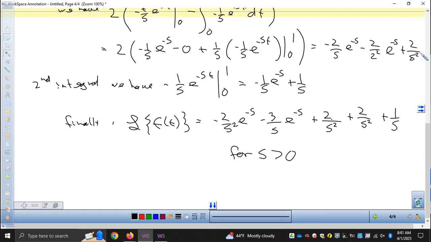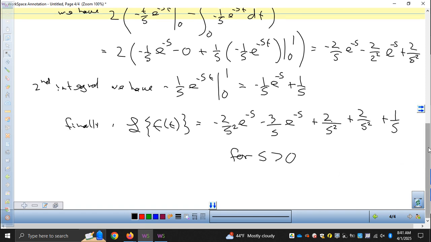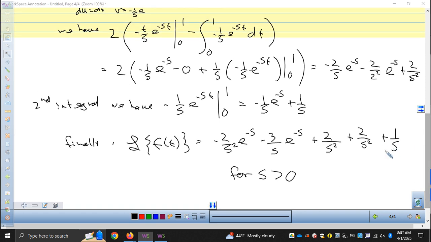What did I do here? Just erase one of those 2 over s squares and you're good. Which one? You have two of them. One of them is supposed to be negative. Oh, yes. There you go.